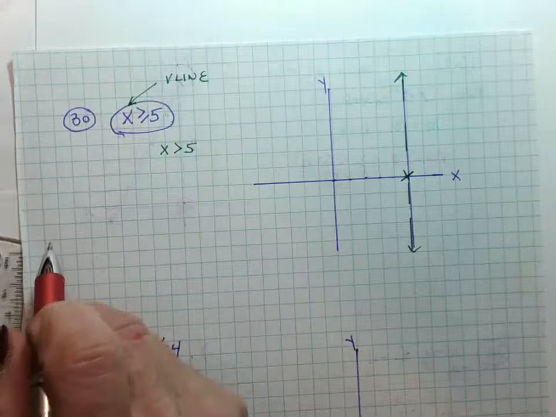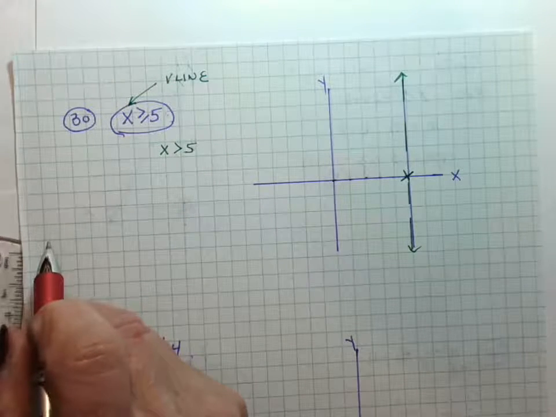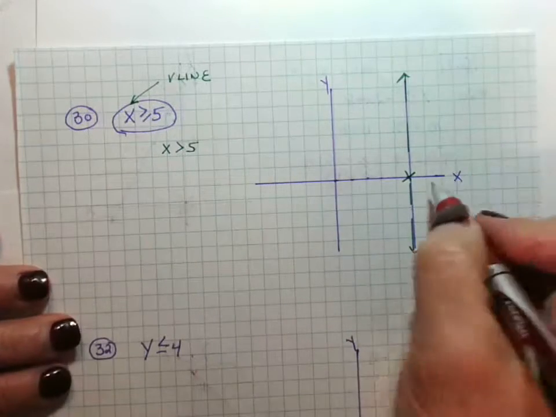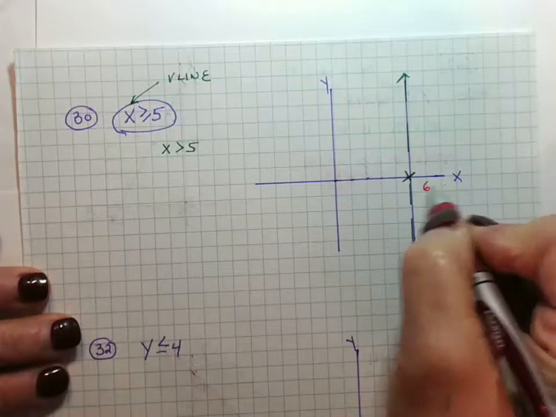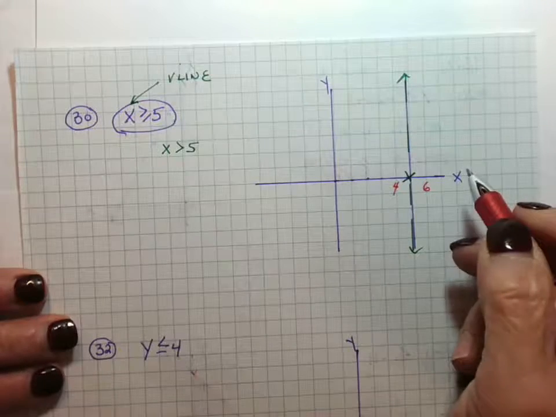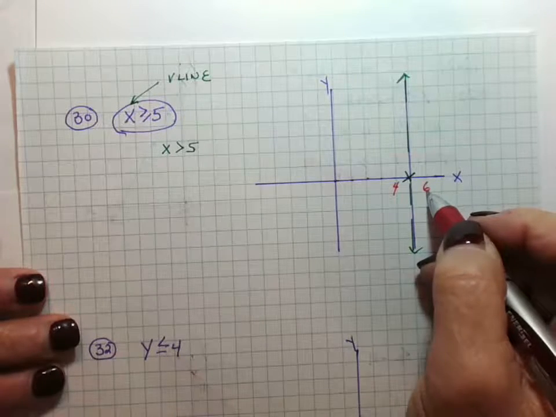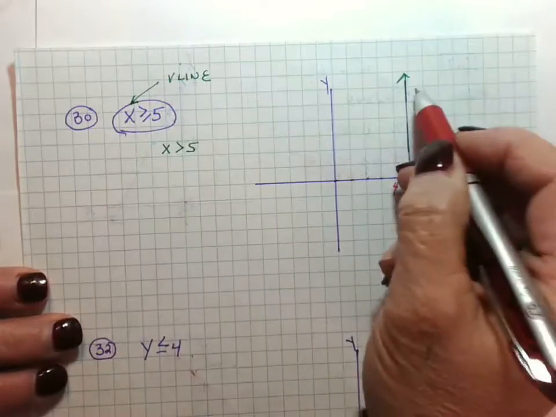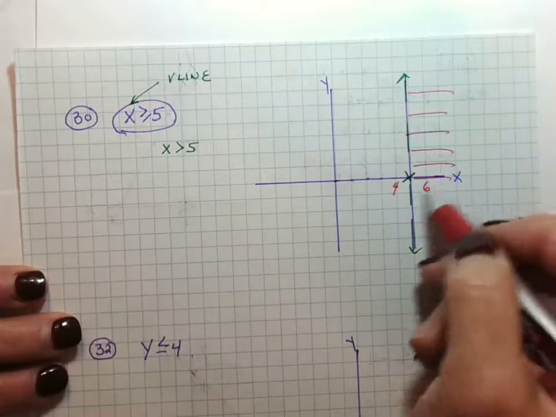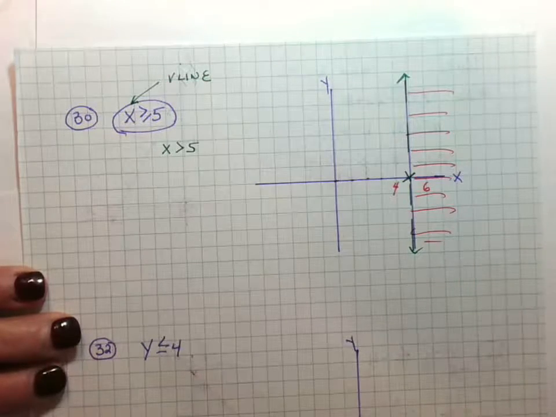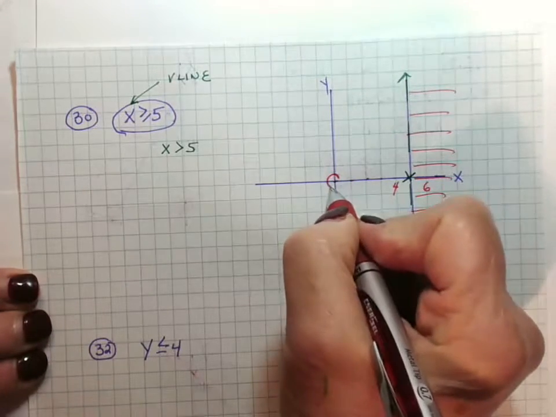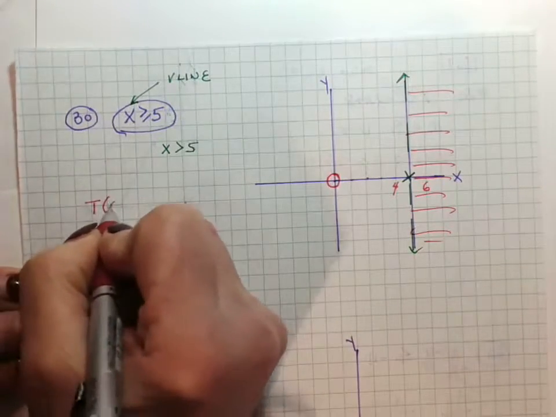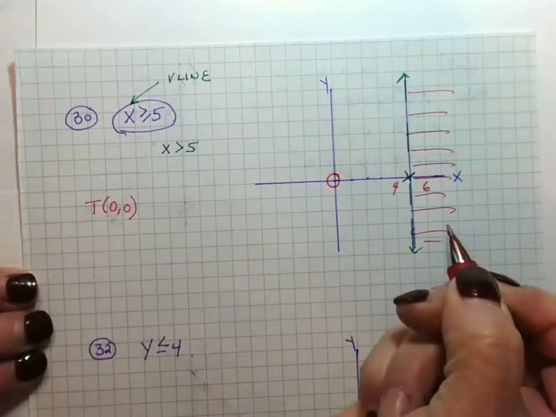Now, you could probably figure out which side you're going to shade just by looking at this. X here is 6, and here is 4. So it's all the values of X that are greater than 5. But just to be consistent and make sure you understand, we could still test 0, 0.